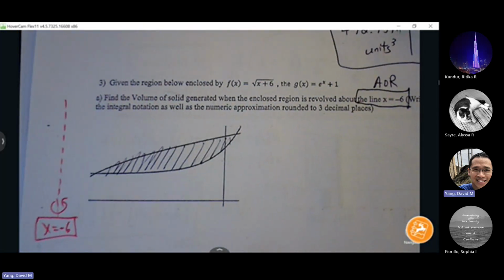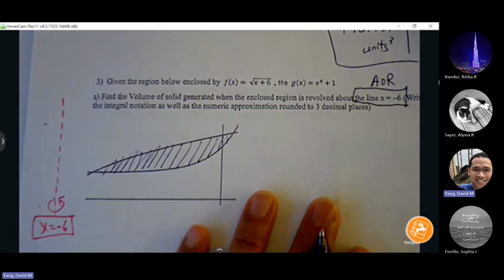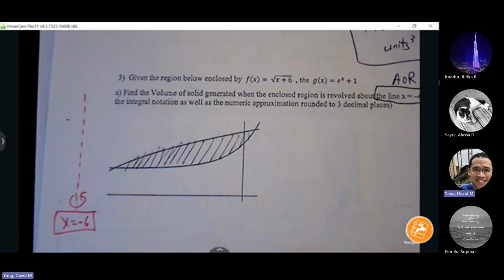Okay. Anytime there's a rotation, we know it's either the disk or washer method. In this case, which one would it be? Washer. Yeah, so we need 2 radii, right? One that extends from the dotted line to our furthest boundary.